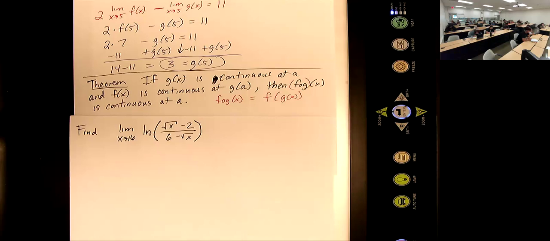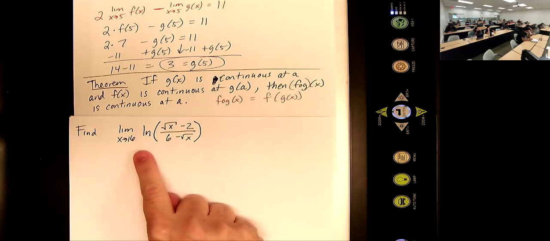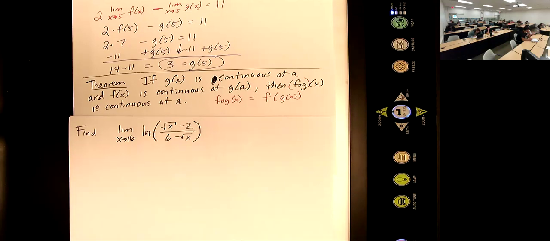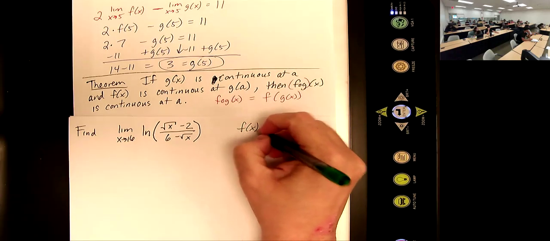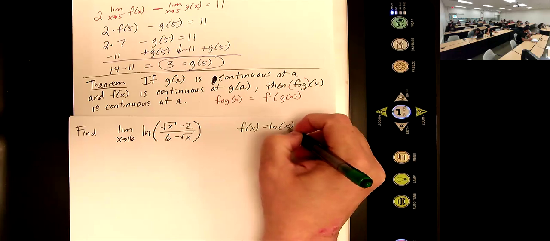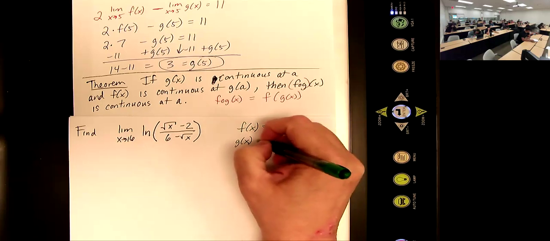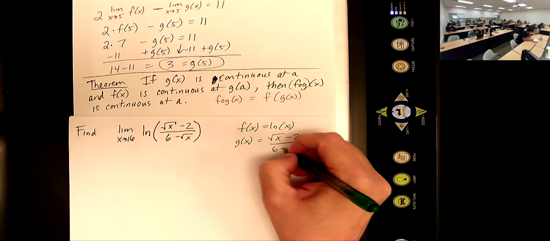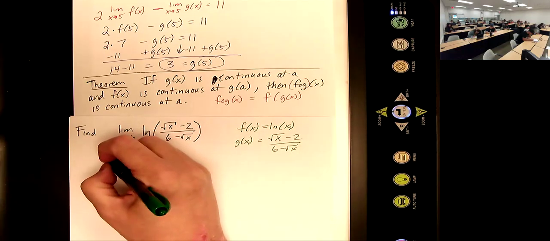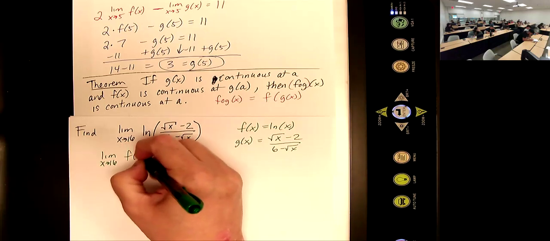The idea here is we've got a lot going on: a function, and then a bunch of stuff going on inside the function. So maybe we define the outer function f of x as the natural log of x, and g of x is the inside, that's the square root of x minus 2 over 6 minus the square root of x. Then what I have is f of g of x here.